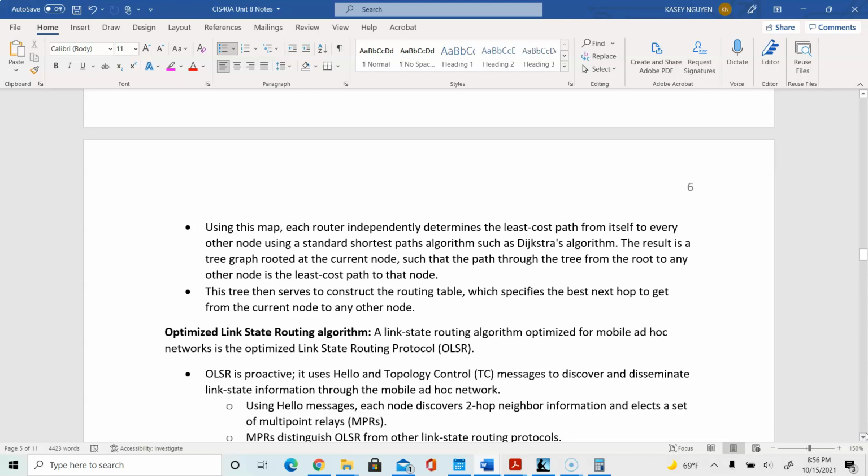That way it would be able to use that map and determine the least cost path. So unlike the distance vector, it elevates it by using a link state map. And that path is then going to look at how it would send the data from start to end.